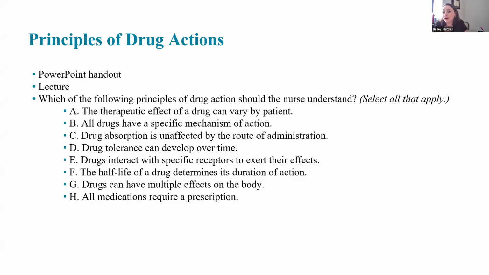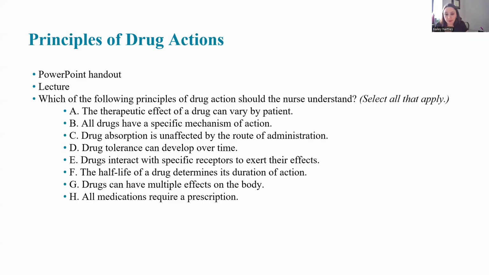Drug absorption is unaffected by the route of administration. That's false. We know that route can definitely change your drug absorption. We know that IV, IM are way faster than our transdermals. Drug tolerance can develop over time. True, right?